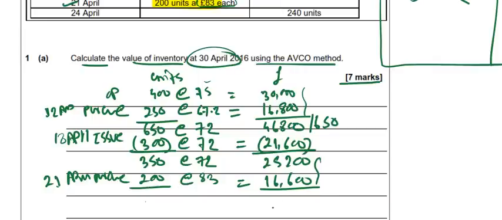So the value of 25,200 plus 16,600 is 41,800, divided by 550, and the average price per unit is 76. Moving on, the last bit, which is 24th, you issued 240 units. At what price? It's going to be 76.